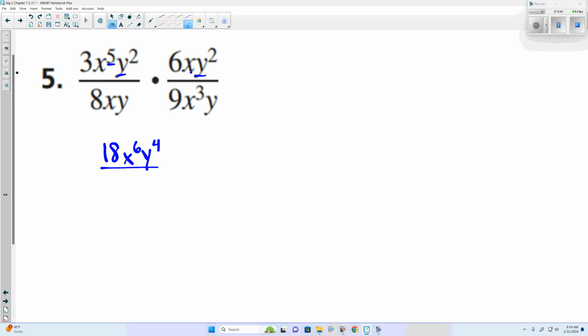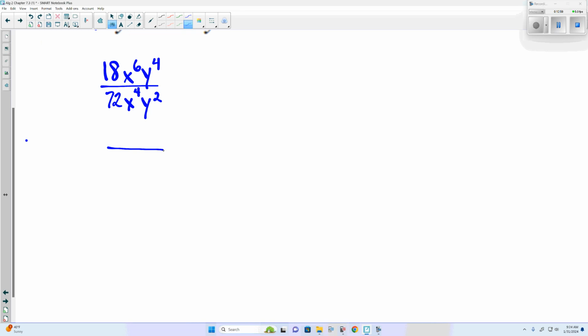The denominator, first thing we have is 8 times 9, which is 72. Now we have x times x to the 3rd, which is x to the 4th. And y times y is y squared.